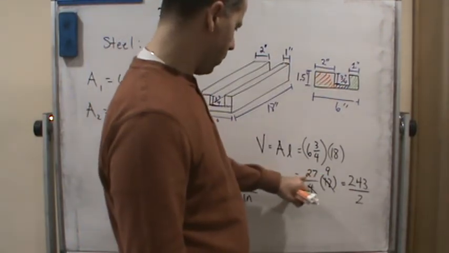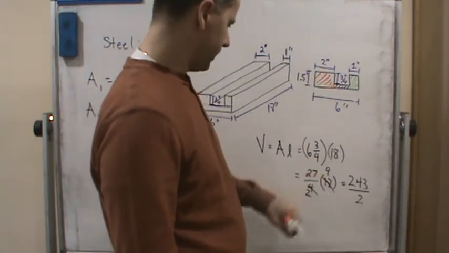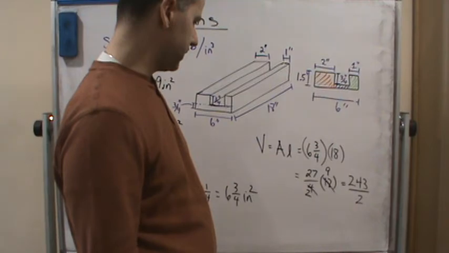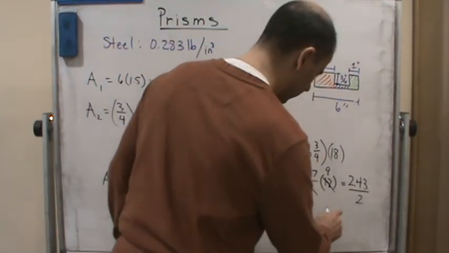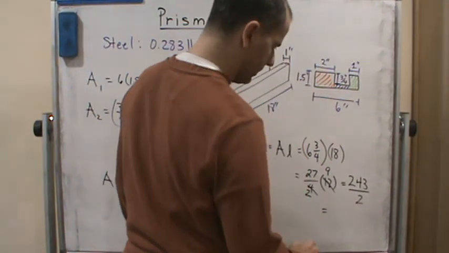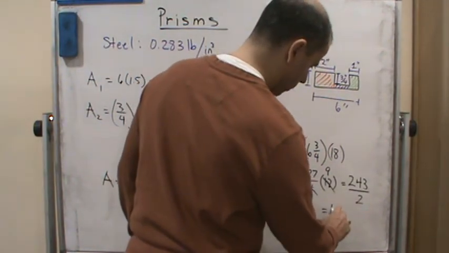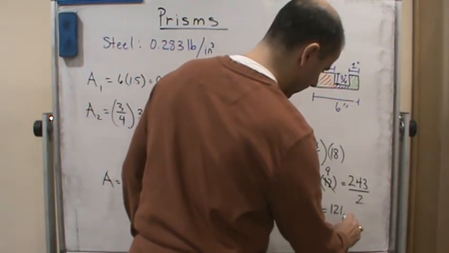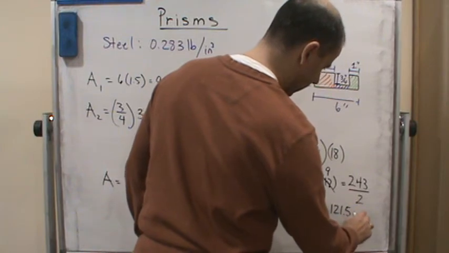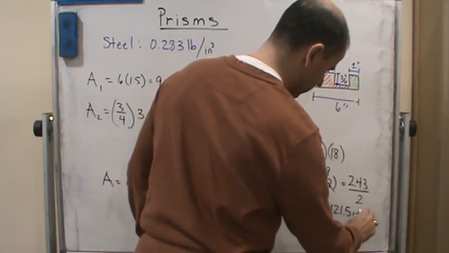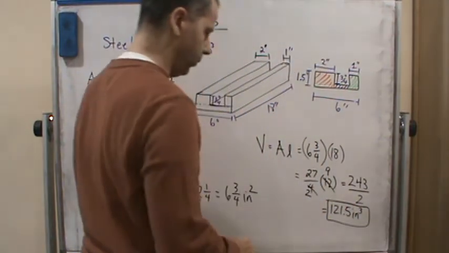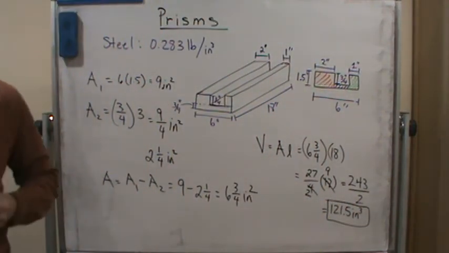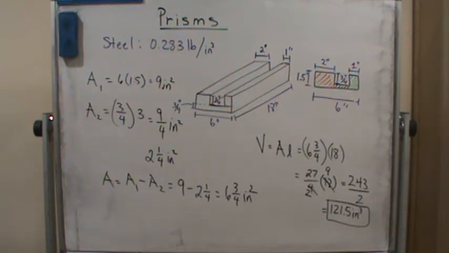So 9 times 20 is 180. 9 times 7 is 63. 180 plus 63 is 243. So this is going to give us 121 and a half cubic inches of volume.